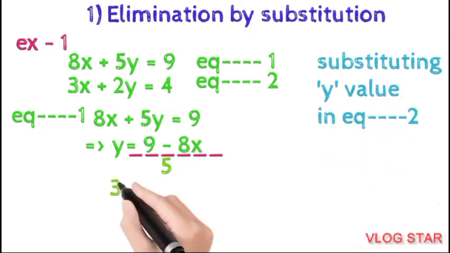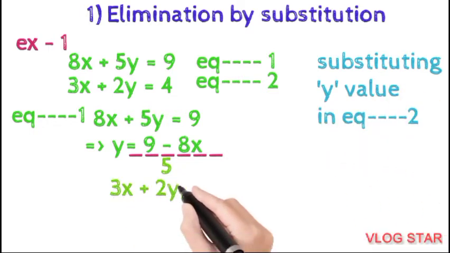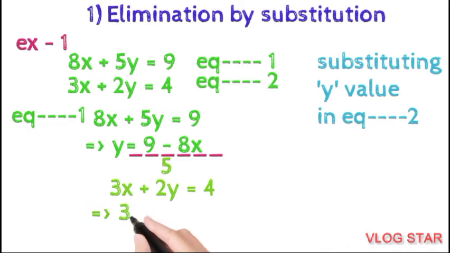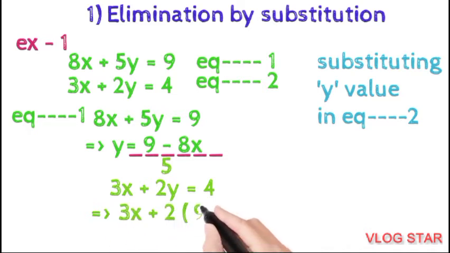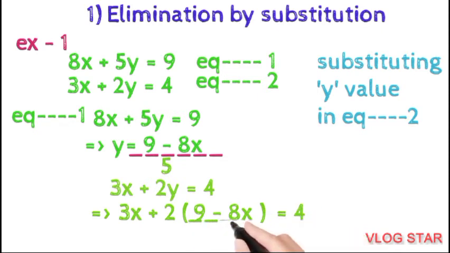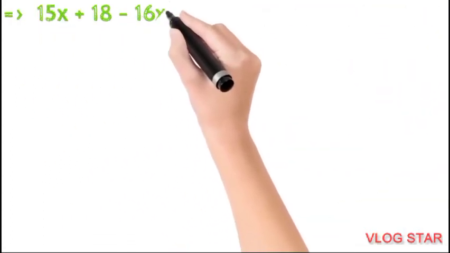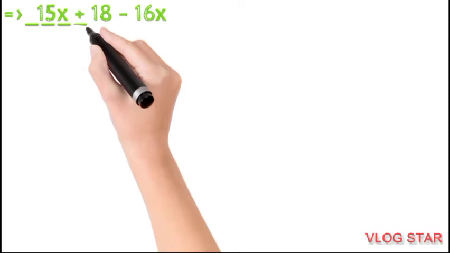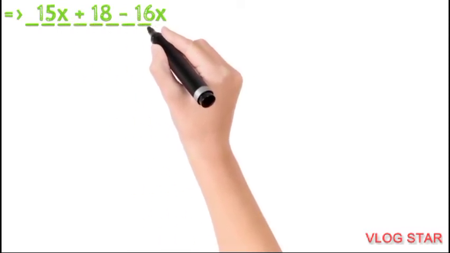Substituting the y value in equation 2. 3x plus 2y equal to 4. That implies 3x plus 2 into (9 minus 8x) by 5 equal to 4. That implies (15x plus 18 minus 16x) by 5 equal to 4.